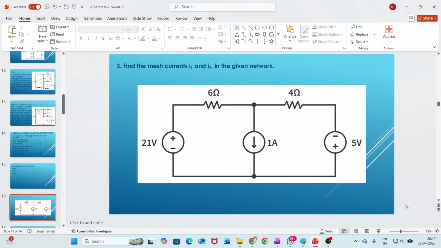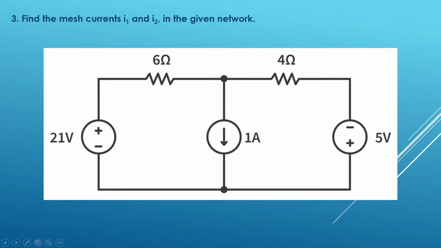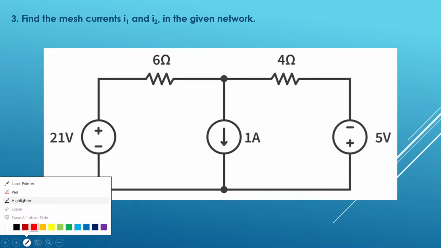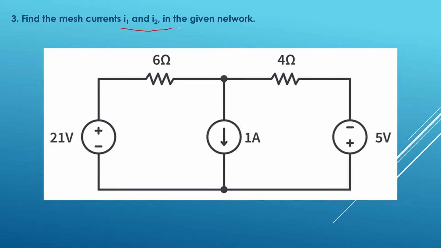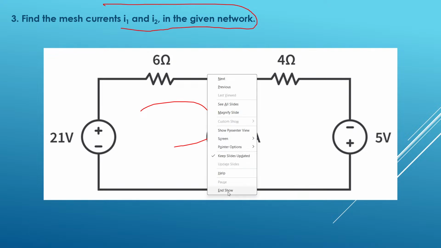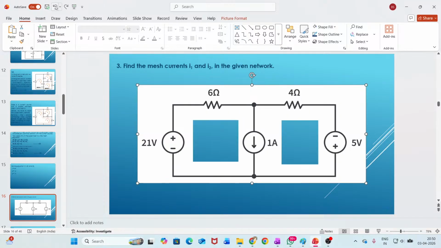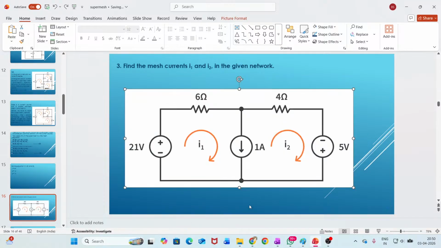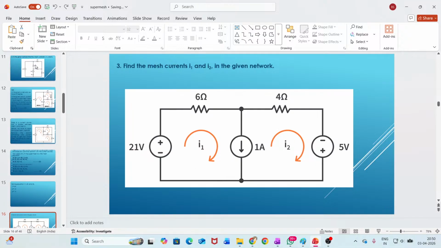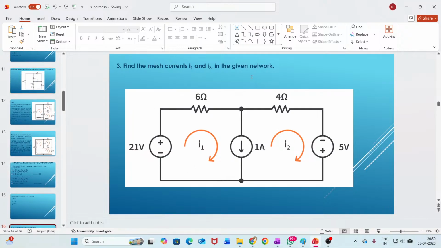In this numerical problem also, we have to determine the mesh currents I1 and I2. So earlier, I1 and I2 mesh currents were there. I have deleted it. Sometimes in numerical problems they give mesh currents. Unnecessarily I deleted it. It is already mentioned, I1 and I2 mesh currents.